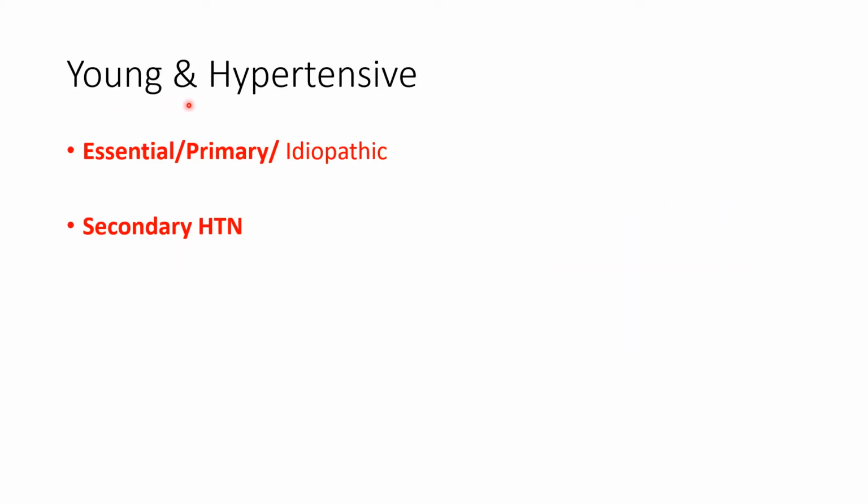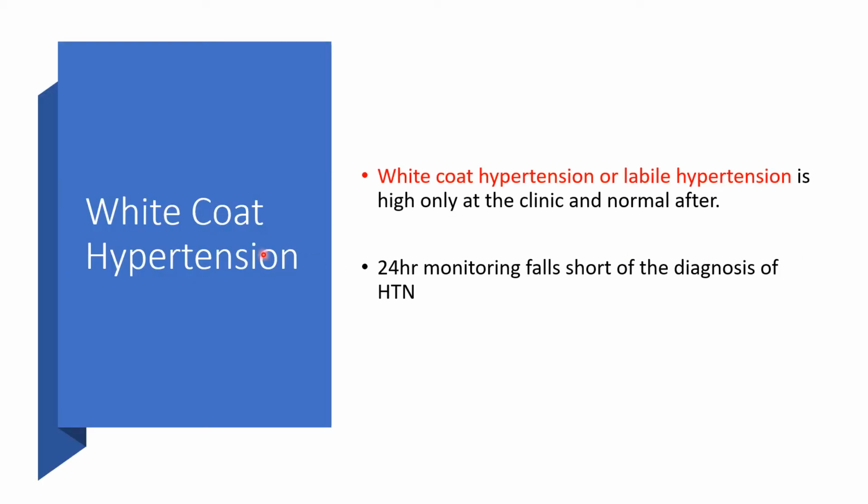Young people will mostly have secondary hypertension, but it may be essential or primary or idiopathic. It might be white coat hypertension, which occurs only at a clinic, with the nurse or doctor. In that case, 24-hour monitoring will fall short of the diagnosis of hypertension, and then, hurrah, no problem.